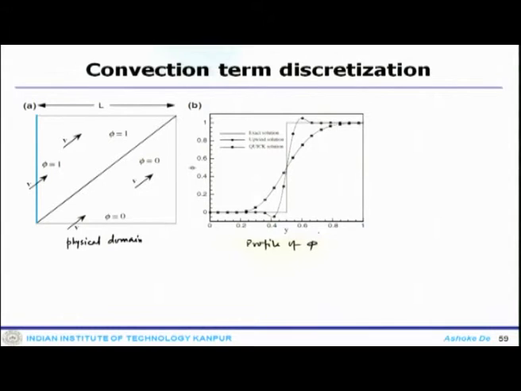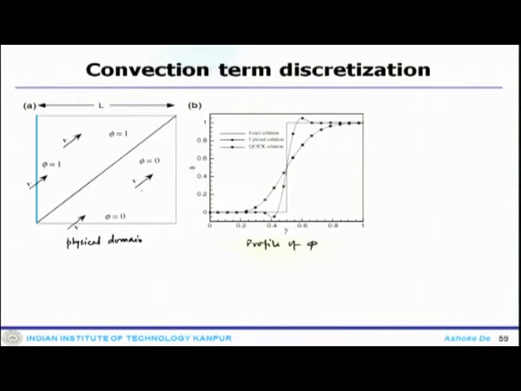In this particular square domain, the scalar phi is being convected by an underlying flow field. The phi value is 1 on the left hand side and 0 on the right hand side of the domain.